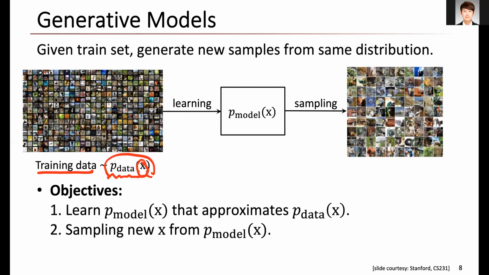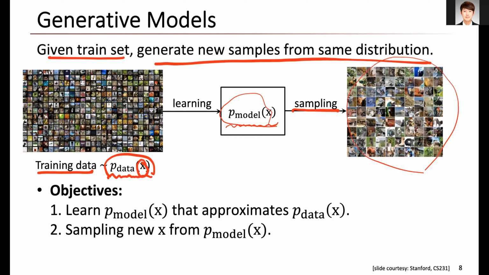So the goal of the generative model in computer vision is, given a training set, to generate new samples from the same distribution. Same distribution means the same as the real data distribution. We build the model P model of X, then sample from this P model distribution and generate images that cannot be discriminated from real data, real images.